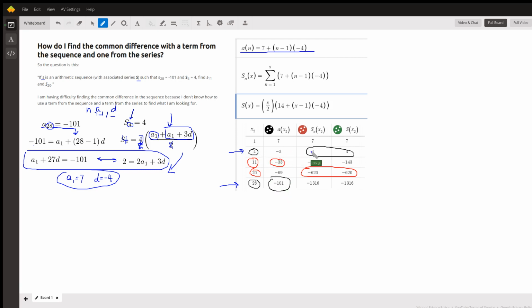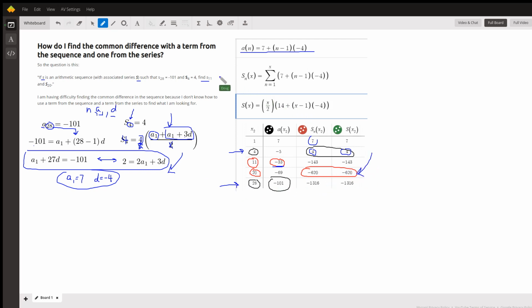S sub 4 is the sum of the first 4 terms. Look right here, 4 and 4. And you're supposed to find S sub 11, which is negative 33. And the sum of 20 terms is negative 620.